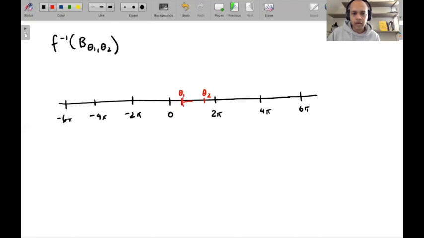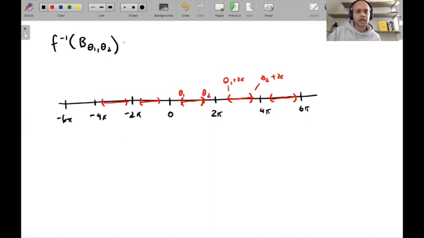Certainly this interval maps to B θ1 θ2, but then there's also the translate of this, θ1 plus 2 pi and θ2 plus 2 pi, and also adding 4 pi, or minus 2 pi, minus 4 pi, etc.